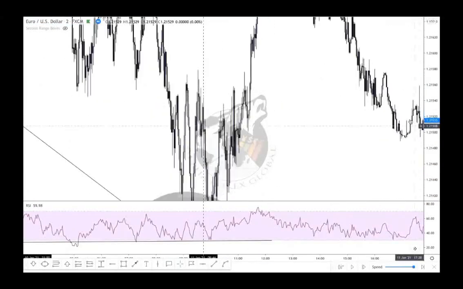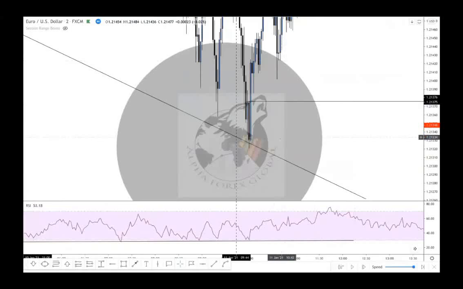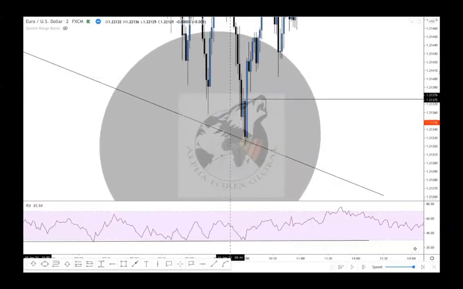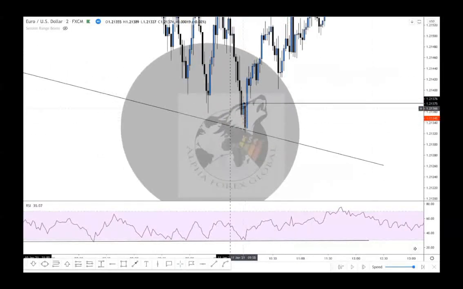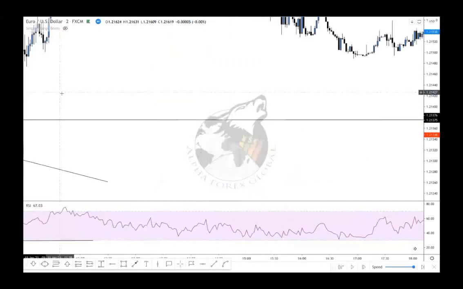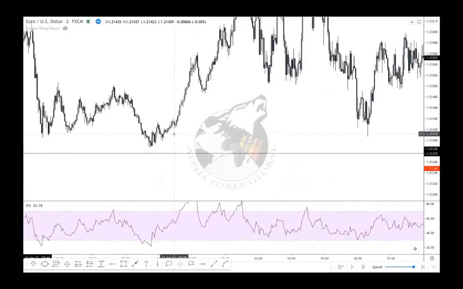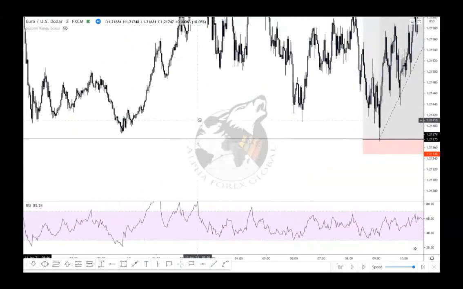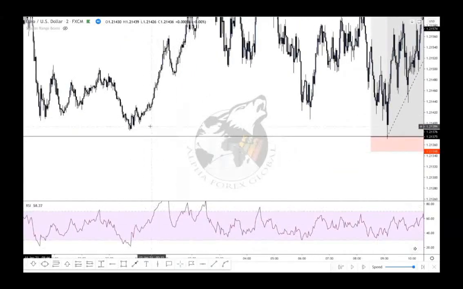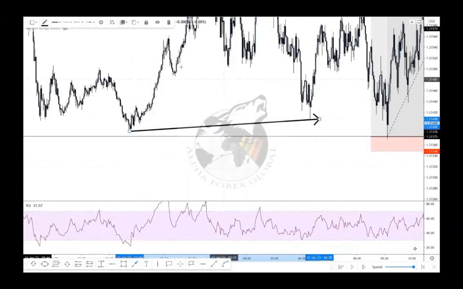Notice we have a perfect order block right here. We have an order block here that took liquidity, and then over here the market created liquidity.